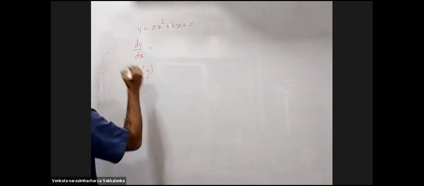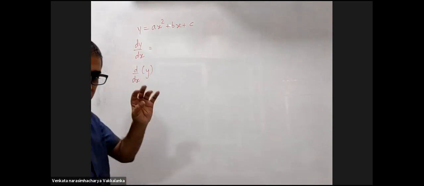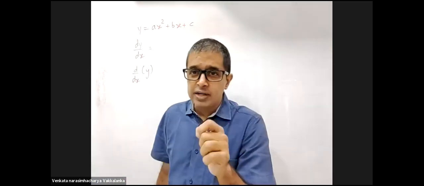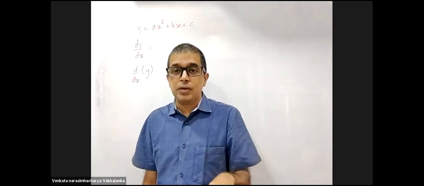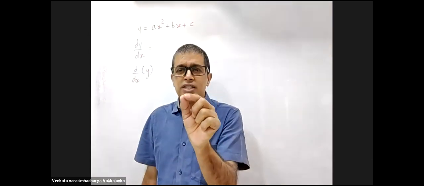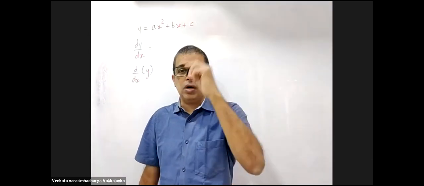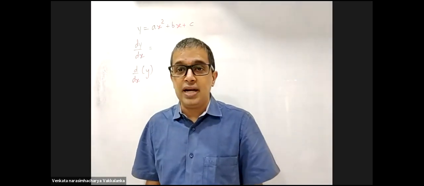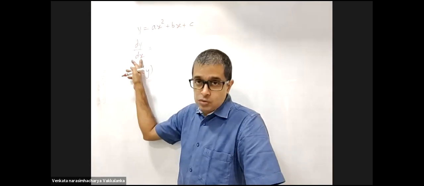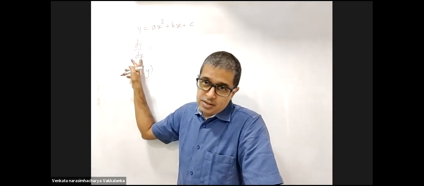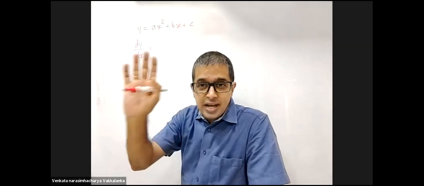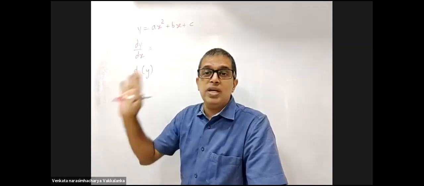All 3 mean the same. Sometimes I use the language differentiation of y with respect to x. What does that mean? For a small change in delta x, you found out the corresponding change in delta y. The second terminology, dy by dx, means the same. Third, d by dx of y also means the same.